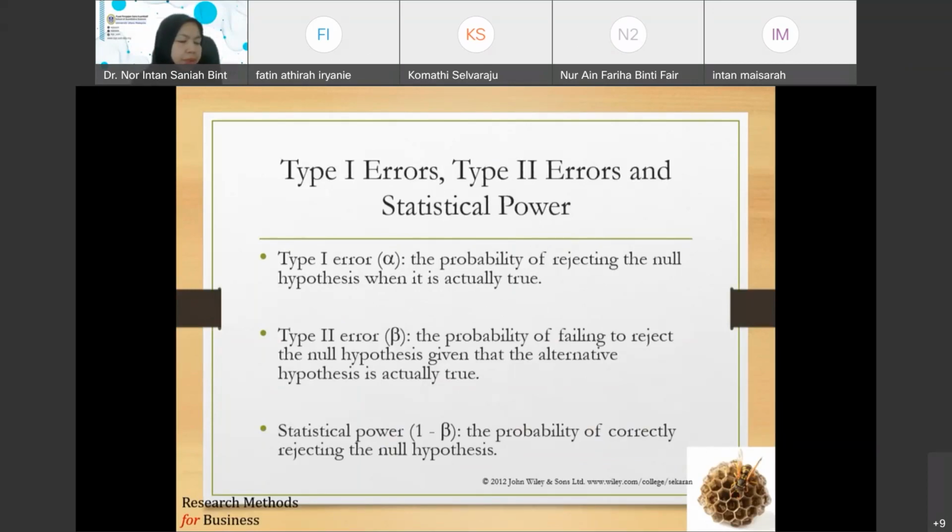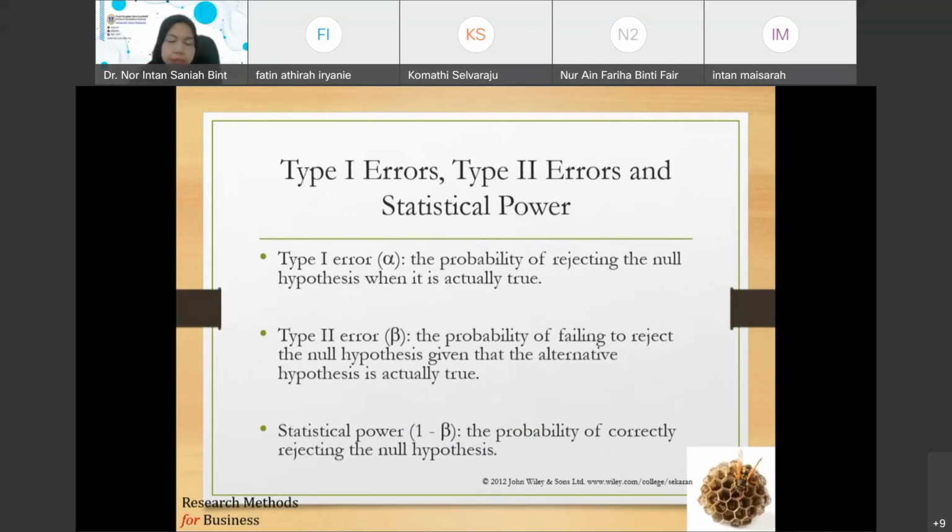It means the probability that we reject the null hypothesis when it is actually true. Type 2 error, which we refer to as beta, is the probability of failing to reject the null hypothesis when the alternative hypothesis is actually true.